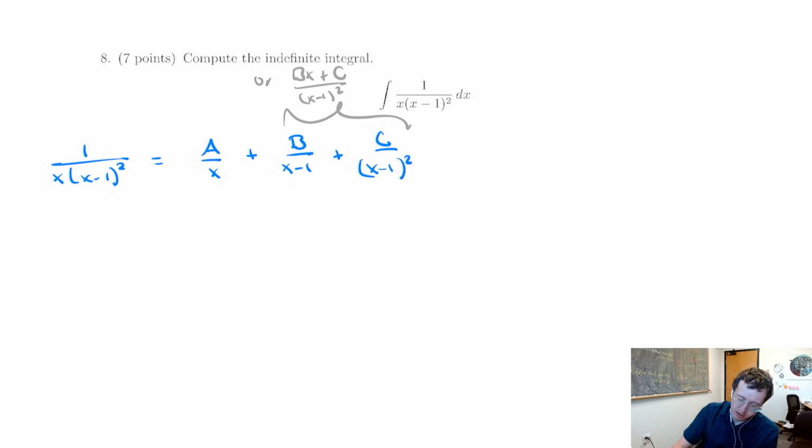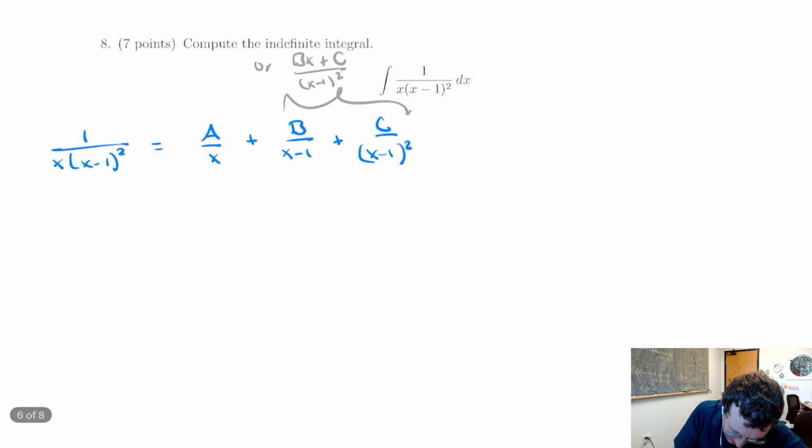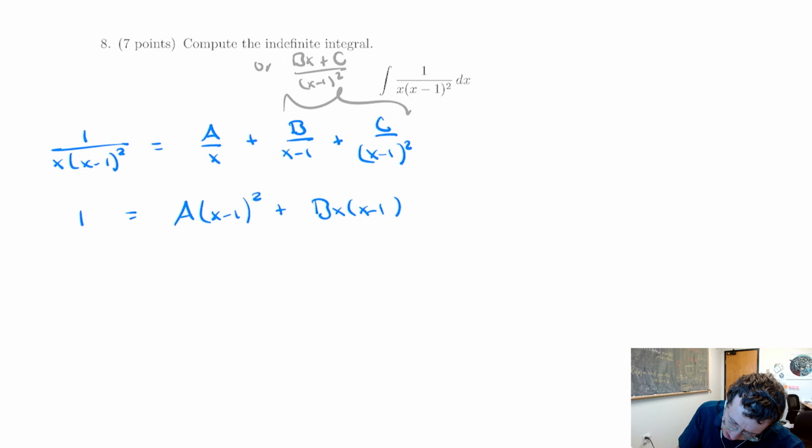So I want to find the values of a, b, and c. Plugging in x equals 1 looks like, sorry, I need to clear the denominators first. So I need to multiply everything by x times x minus 1 squared, which is going to give me a times x minus 1 squared plus b times x minus 1 plus c times x.